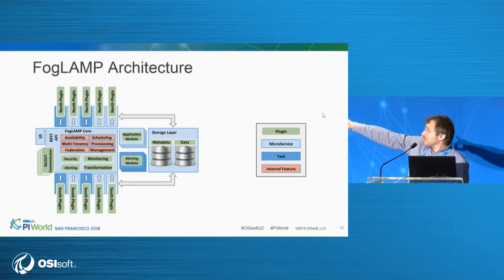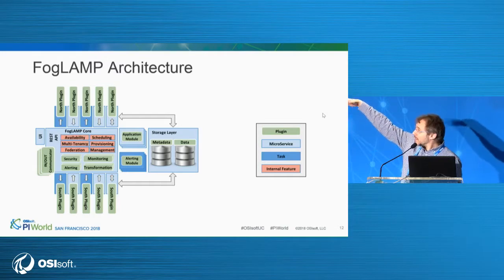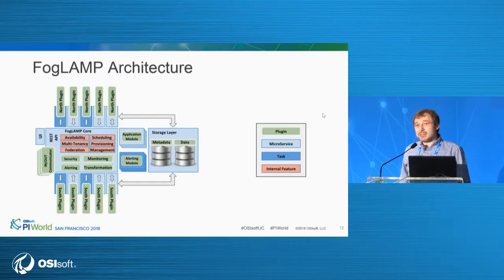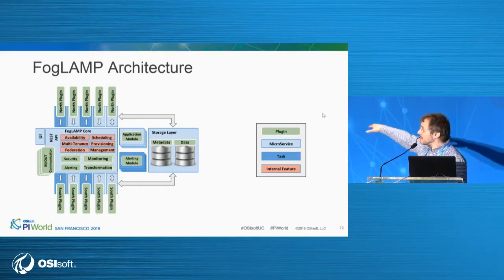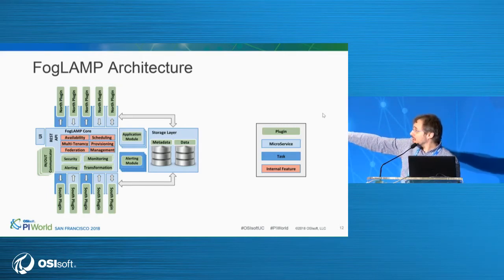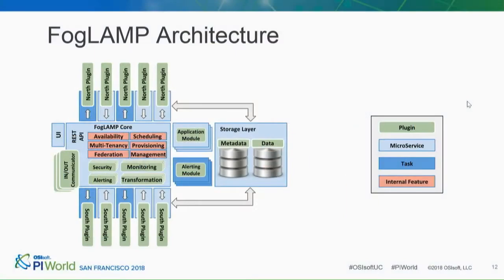And then the north side, the one up there, are plugins for tasks and services that are used to send data to a Pi system or, for example, to OSIsoft cloud services. If you want to consume the data locally, you may have internal application modules, or you can talk through a REST API, and you can have your own application that consumes some of the local data at the edge.